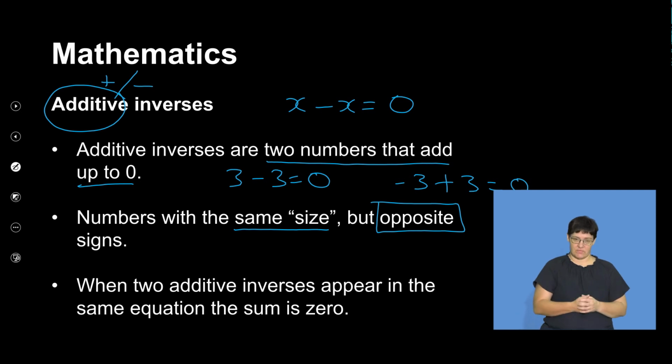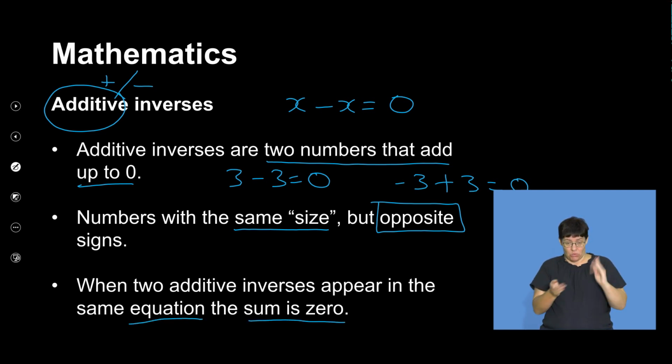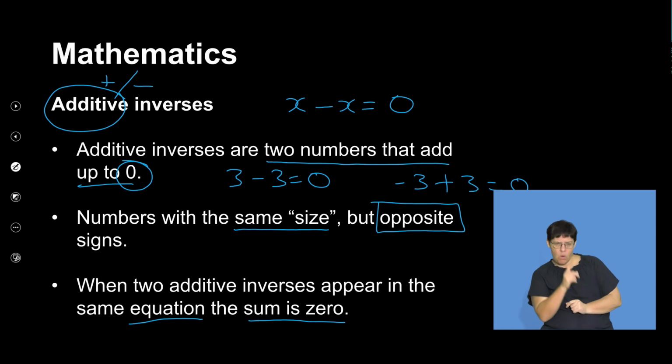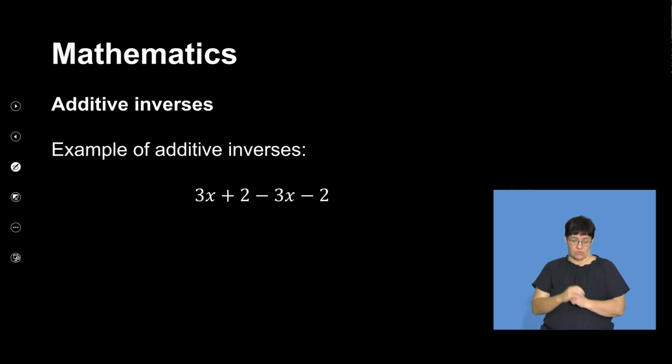So when two additive inverses appear in the same equation, the sum is always going to be 0. Because remember, I just said additive inverse is about plus and minus, and it must be numbers that always add up to 0. So if you see both of them in one question or one equation, the answer must definitely be 0.